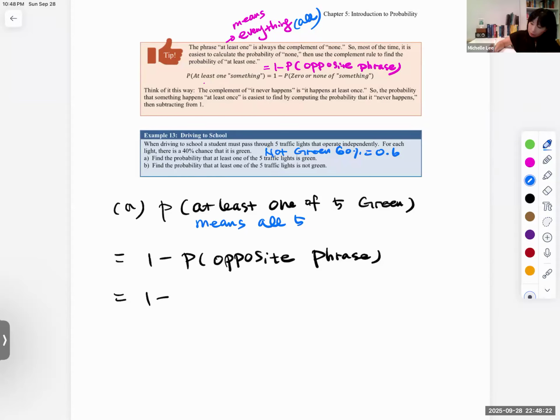So what's the opposite? None of them green, none of the 5 green.